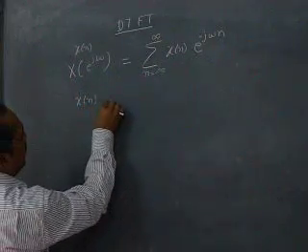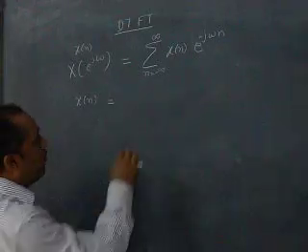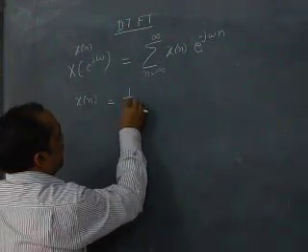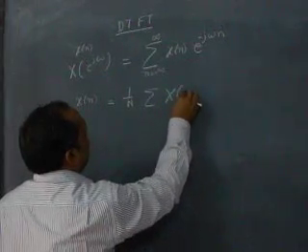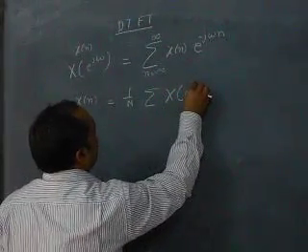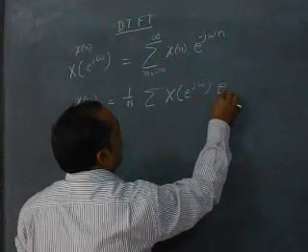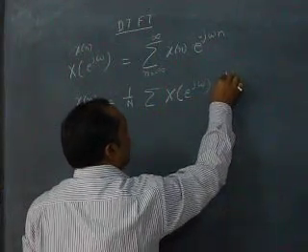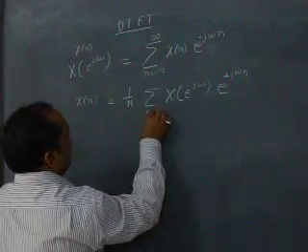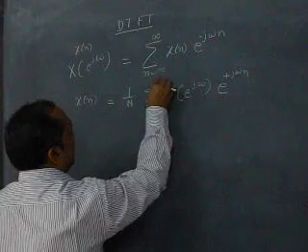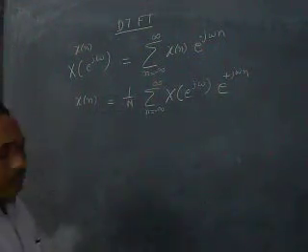The x[n] will be equal to 1 by N, the summation of X of e to the power j omega, times e to the power plus j omega n, and n will be from minus infinity to plus infinity, right?